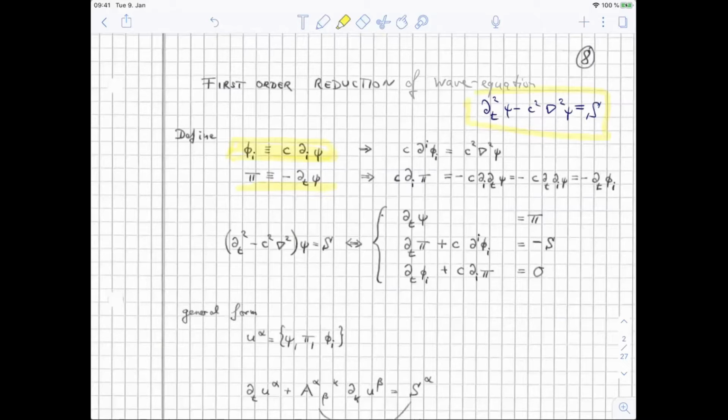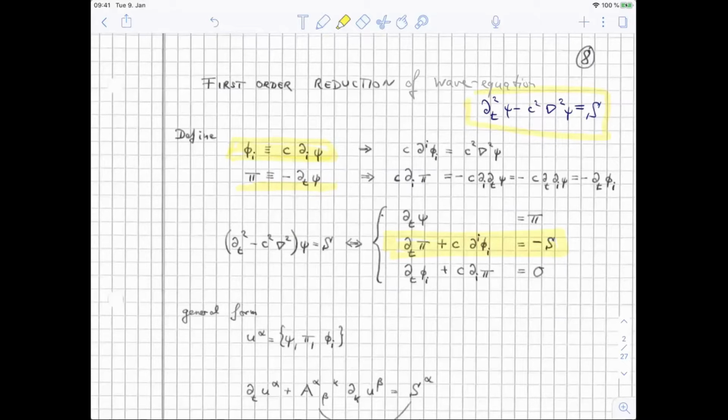And using these two new variables, the wave equation itself ends up as this middle equation here, which is now written as the first time derivative on pi, where pi is the time derivative of psi, so this is the second time derivative of psi.